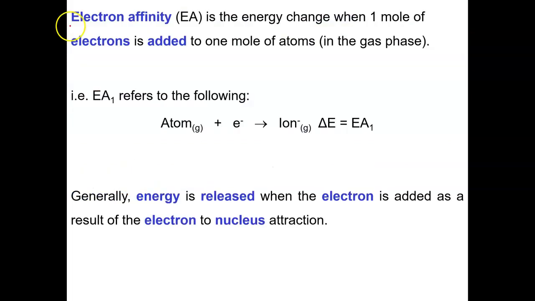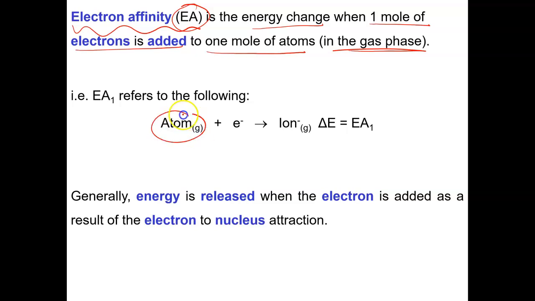The final periodic property that we're going to look at is the electron affinity, abbreviated with the uppercase letters E and A. What it represents is the energy change when 1 mole of electrons is added to 1 mole of atoms, with everything being in the gas phase. So what we're talking about is taking the neutral atom and adding 1 electron to it to form the singly negatively charged anion.